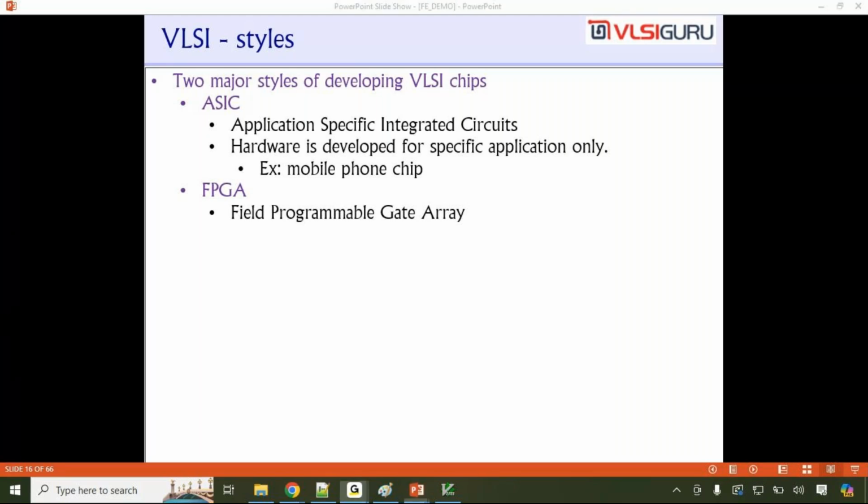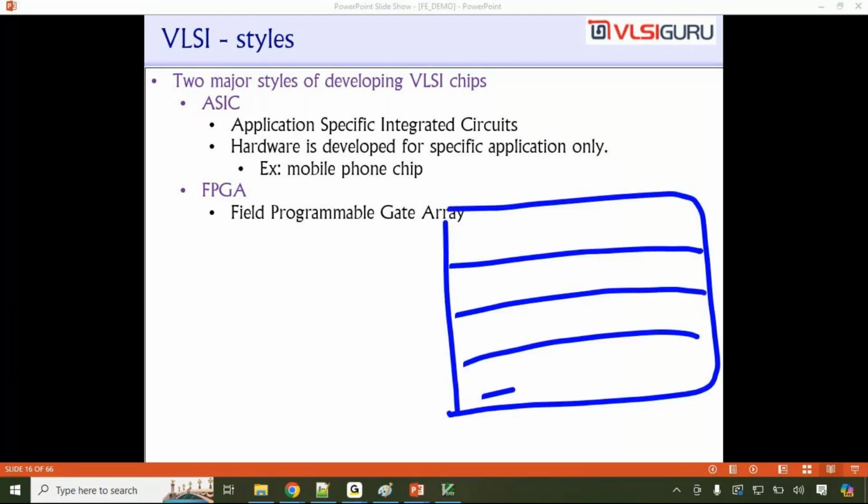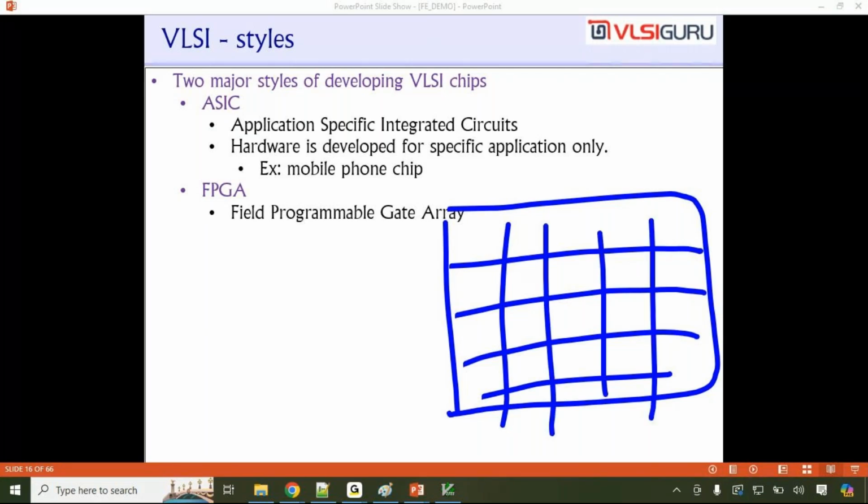I'll have a board which will have some arrays of standard cells, logic gates. By configuring one to behave like an AND gate, another I can configure to behave like an OR gate, and one of them I can configure to behave like a NAND gate.